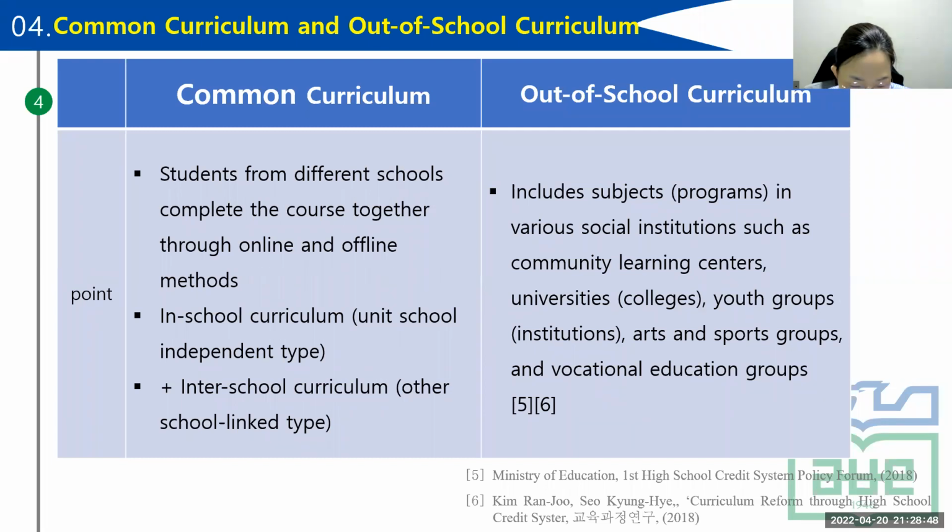The common curriculum is a system that allows students to study through other schools or the relevant education office when the subject they are trying to complete is difficult to open within the unit school.